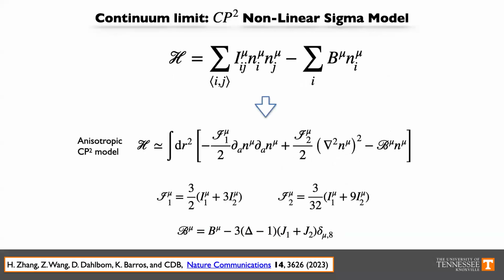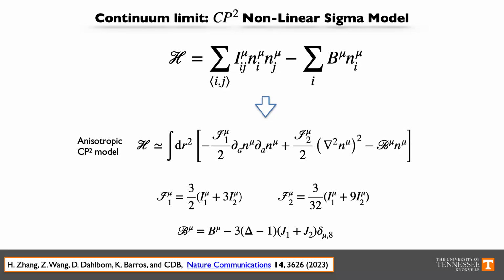Right, and I will not describe all the details, for those who like to take continuum limits. When you take a continuum limit using this classical limit based on CP coherent states, what you get is a nonlinear sigma model in CP2 in this case.